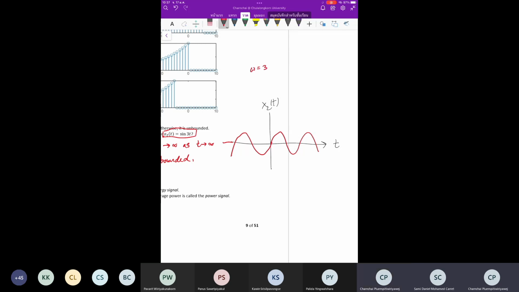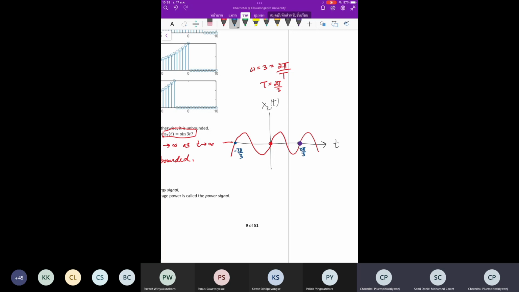In this case, omega is 3, which is equal to 2 pi over T, so T is 2 pi over 3. One period would be 2 pi over 3, and the next period would be negative 2 pi over 3.